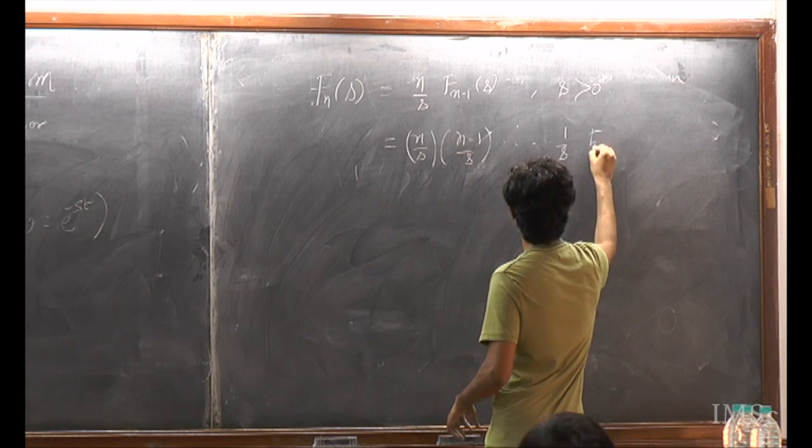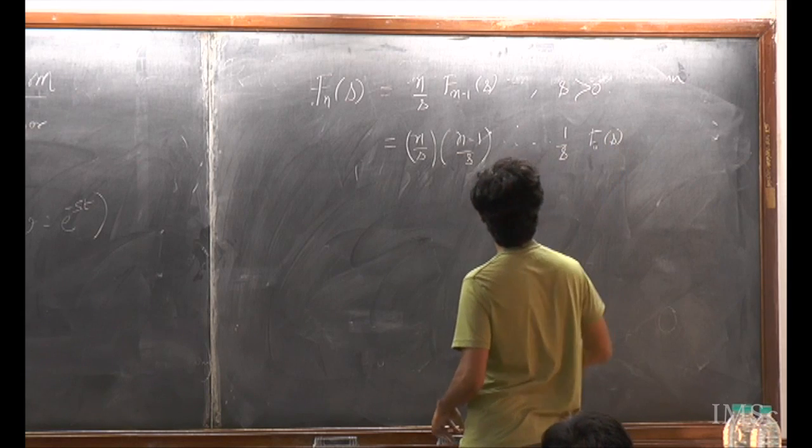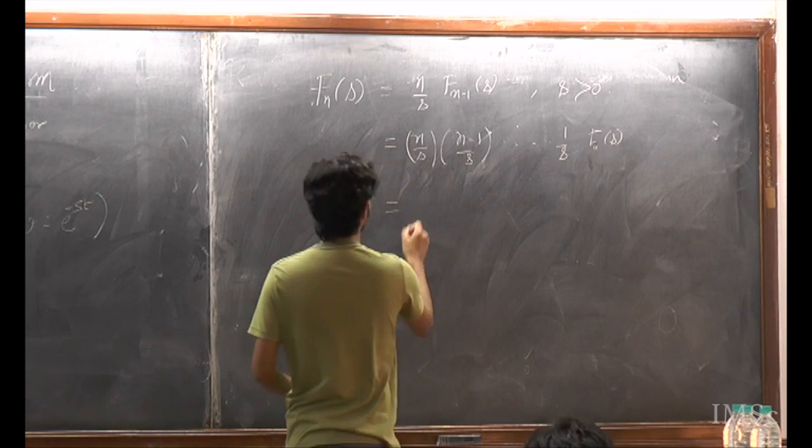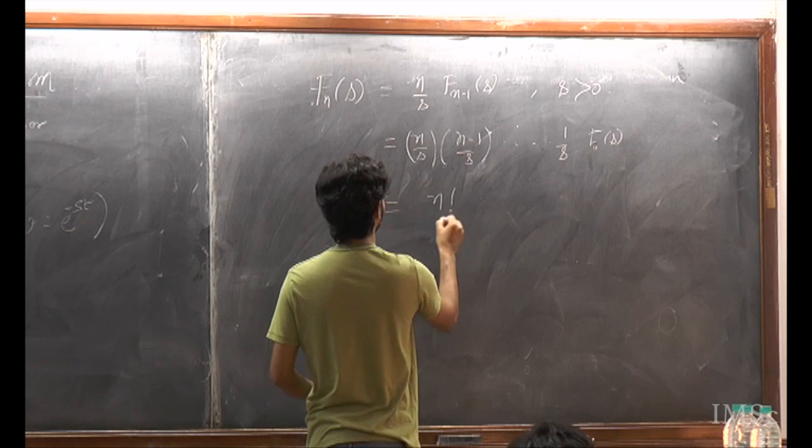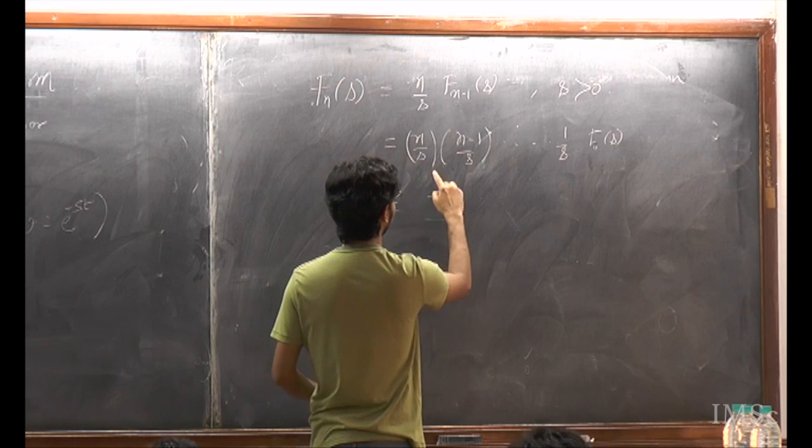Then you have f_0(s), right? So this is n factorial over s to the n, here you have n terms.